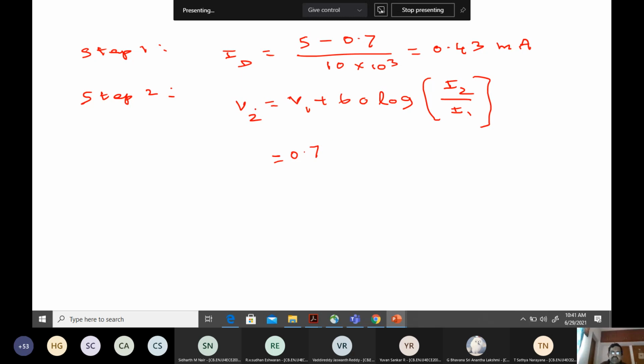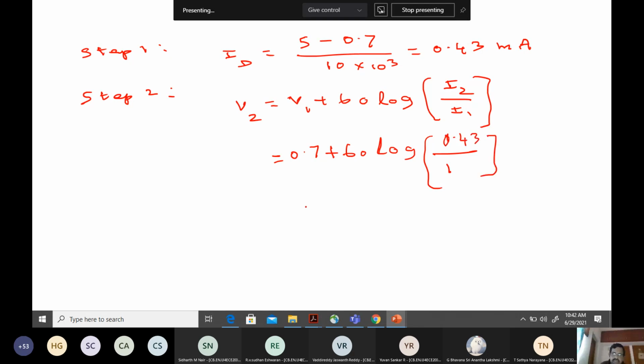That's what is given, but we need to find the accurate value. So 0.7 volt plus 60 log of, because we are using V1 as 0.7, we will have to use I1 as 1 milliampere, and I2 will be 0.43.